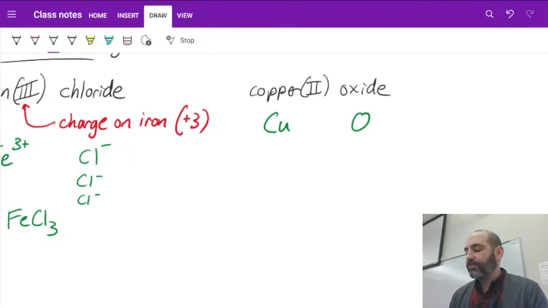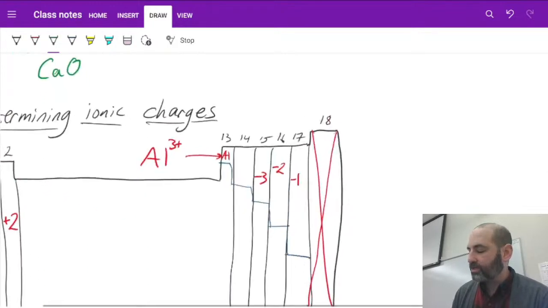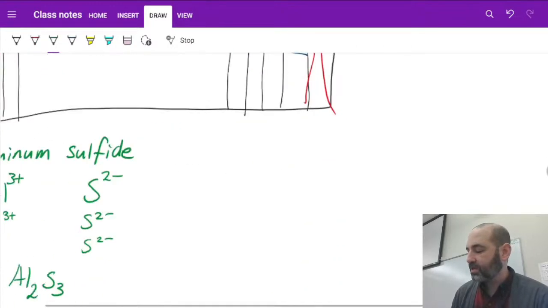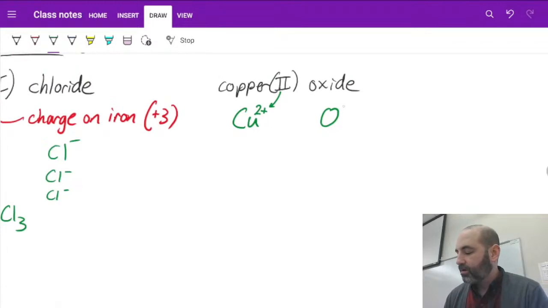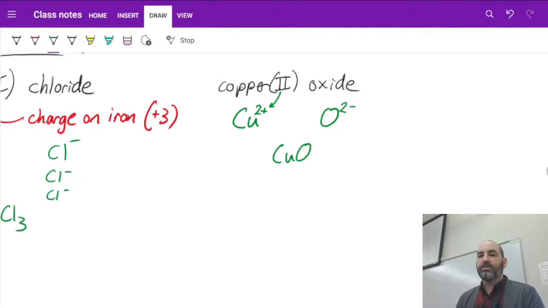So the charge on copper is given right here. So we know that's going to be +2. The charge on oxygen we can get from the periodic table because oxygen is in group 16 here. And so that's -2. So now we have +2, -2. We don't need to adjust ratios at all. They balance each other. And so copper 2 oxide is CuO.